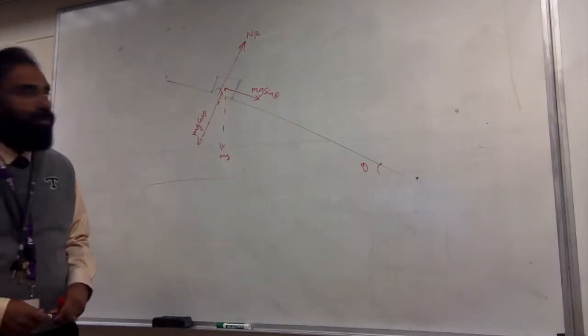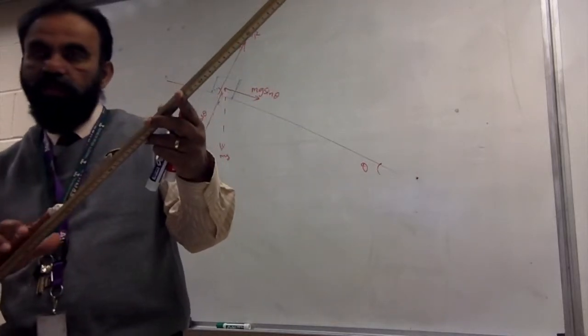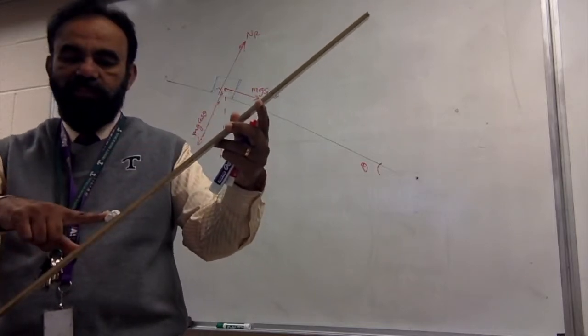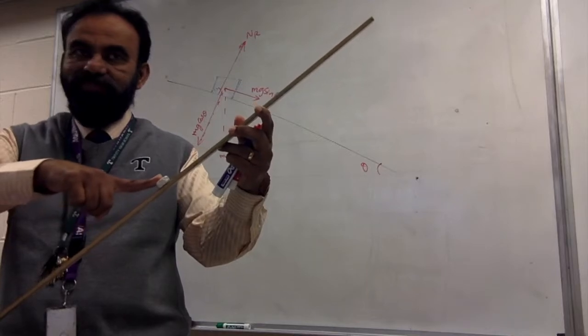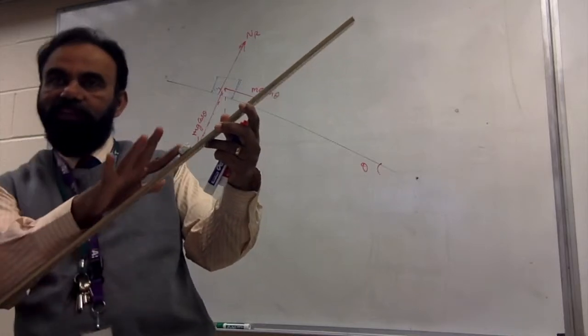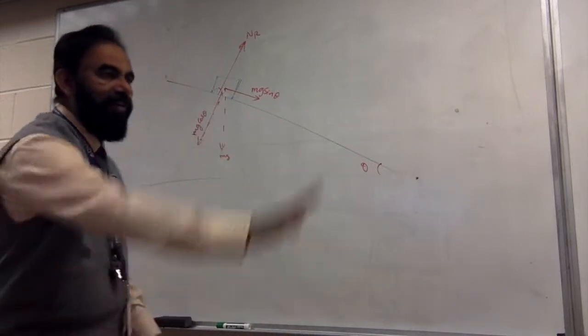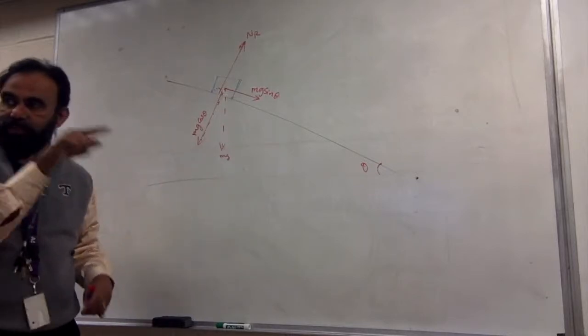Now, giving it a further twist, I'm not pushing this object along the incline. Instead, I'm going to push the object horizontally like this. Do you see the push? Not along the incline. It's almost like you have a ramp and you're pushing an object that way. You're pushing it horizontally.